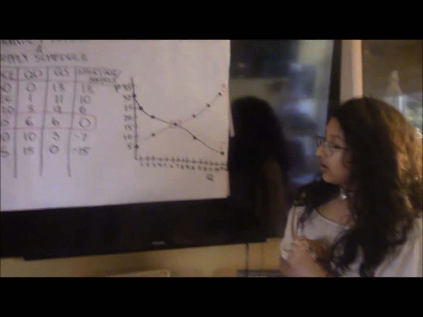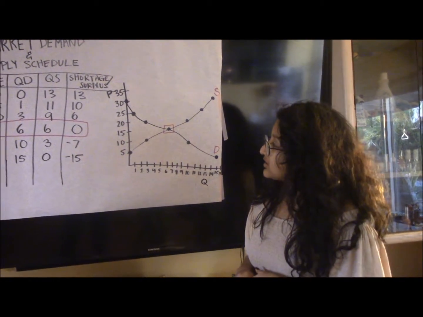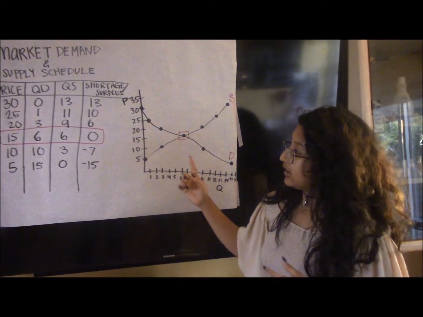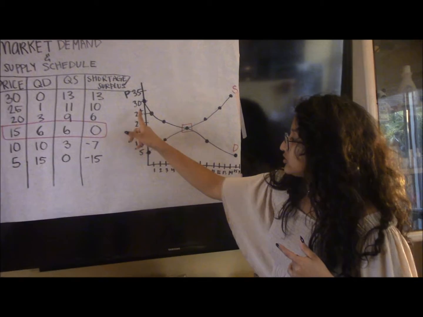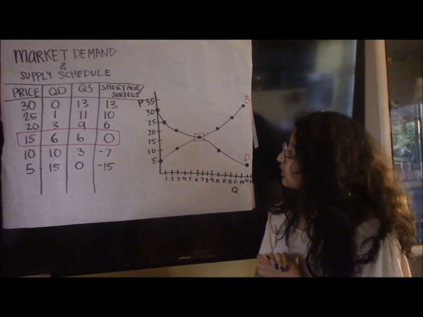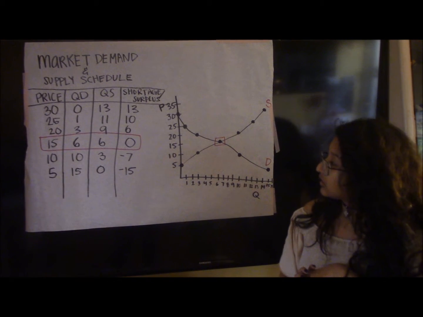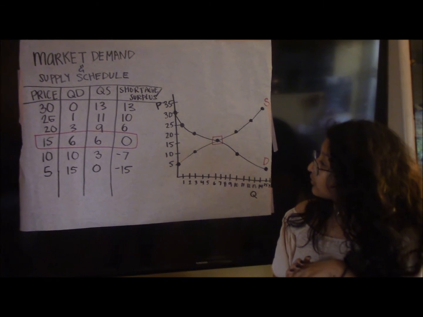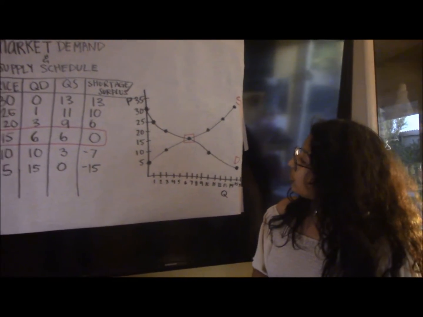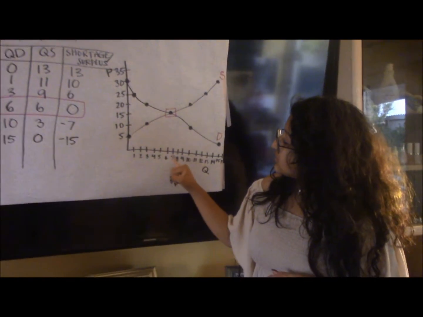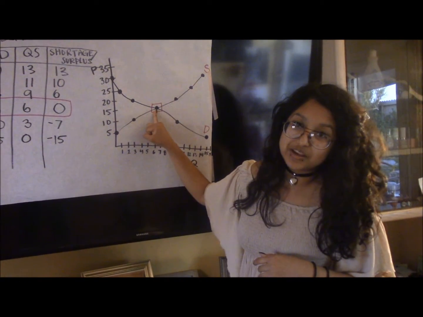See how on this line it shows the price, and on the price it'll show that, alright, 30 for the demanded will equal out to 0. And it goes down the line about the information of the quantity demanded and the price. And so that would mean that 6 right here would show where the equilibrium price is.